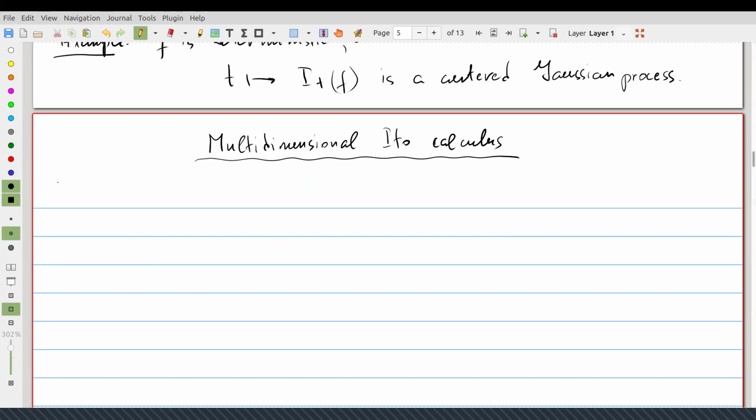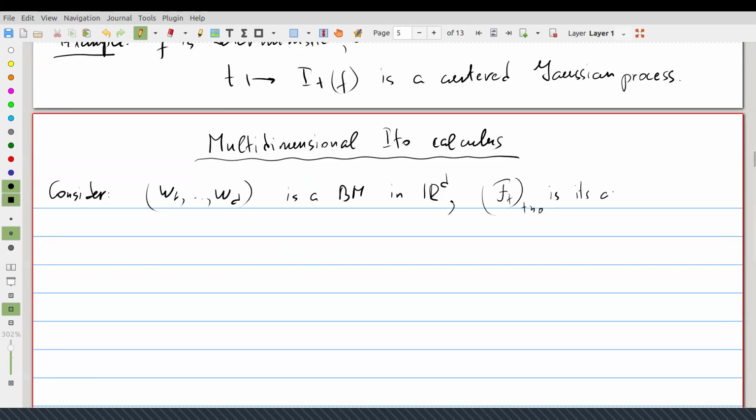So now consider W = (W1, ..., WD), a Brownian motion in R^D, that is, every single coordinate is a Brownian motion, and all coordinates are jointly independent. Ft is its augmented right-continuous filtration of the whole process.